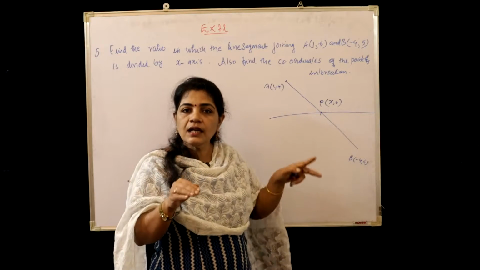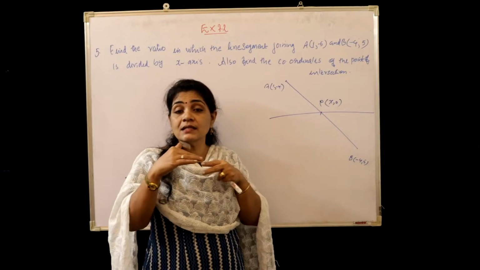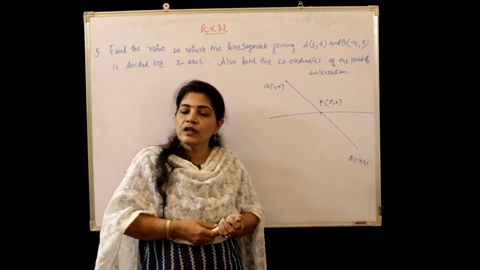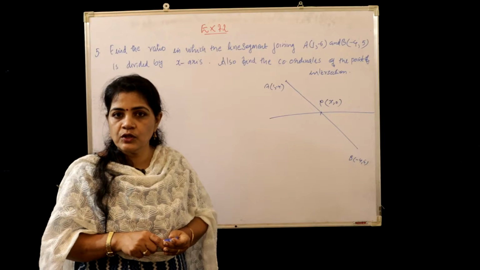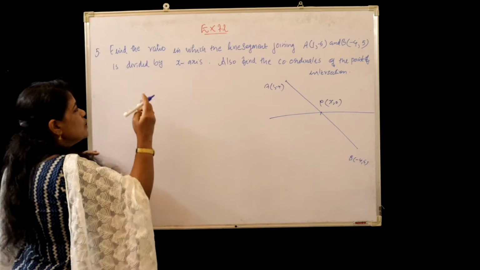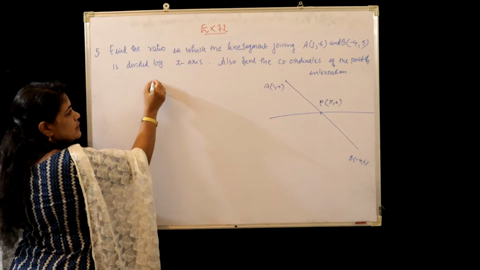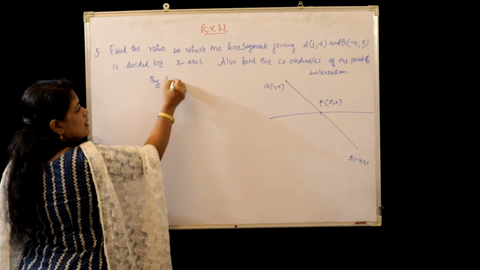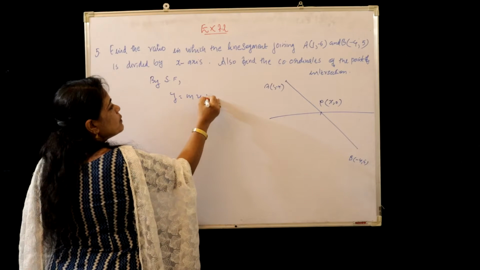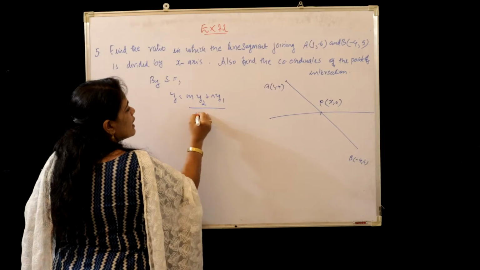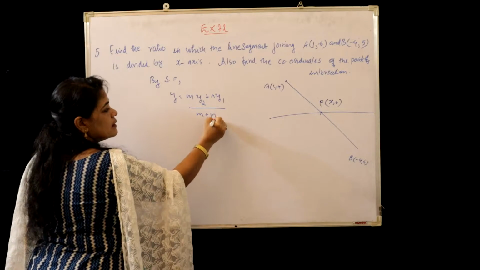So here, if the x-axis is dividing, in order to get the ratio you should express the section formula with respect to y. So in order to get the ratio by the section formula, y is equal to my2 plus ny1 divided by m plus n.